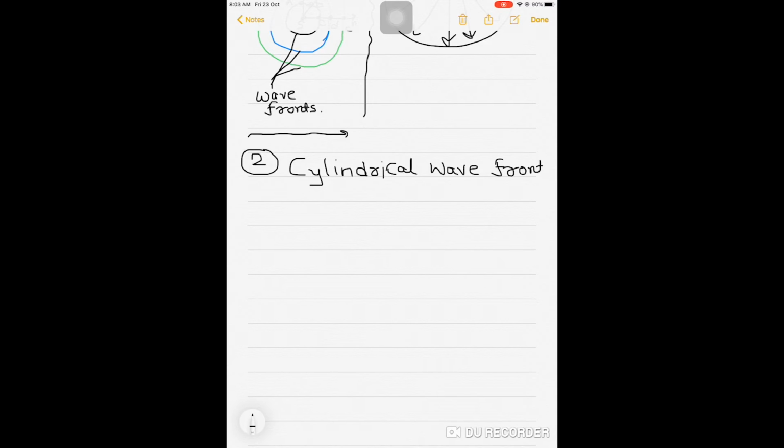If we are given a cylindrical wavefront, then what is the source required for it?